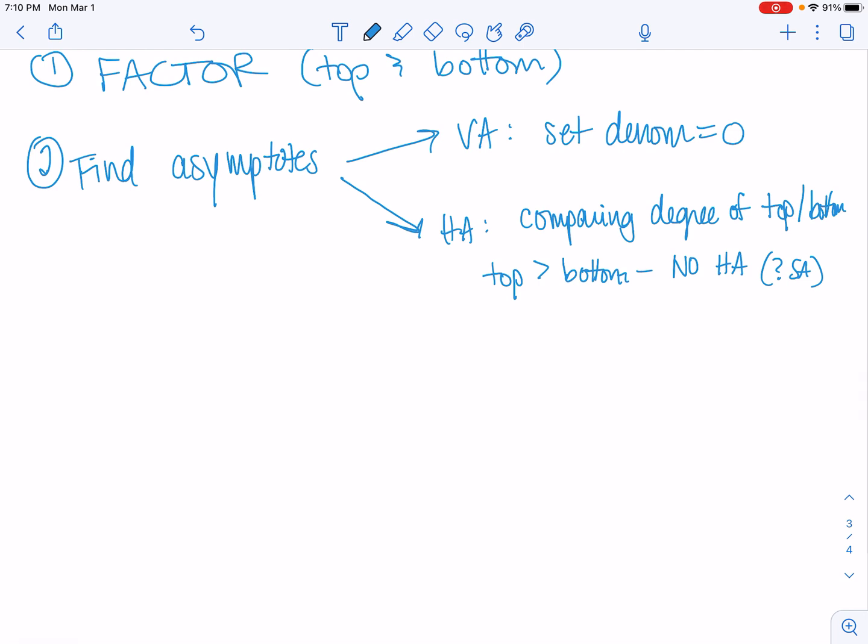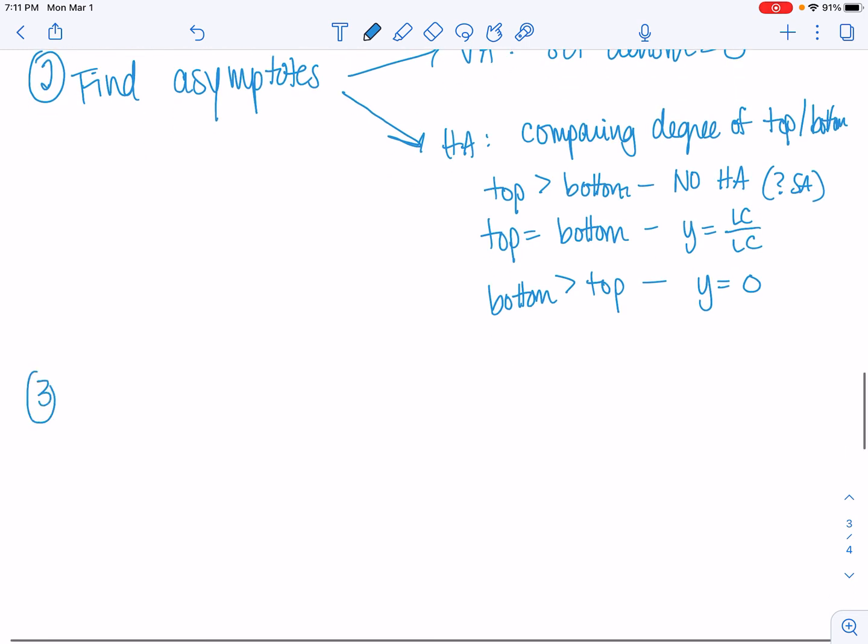If your top degree is equal to the bottom degree, then you're going to say that that is the leading coefficient divided by the leading coefficient. And if your bottom is bigger than the top, you're bottom heavy, J low, y equals 0. Okay?